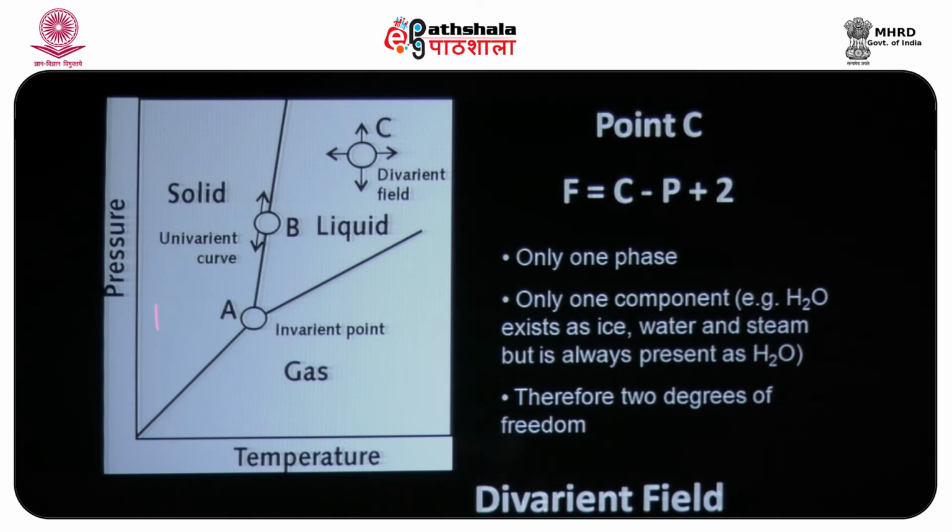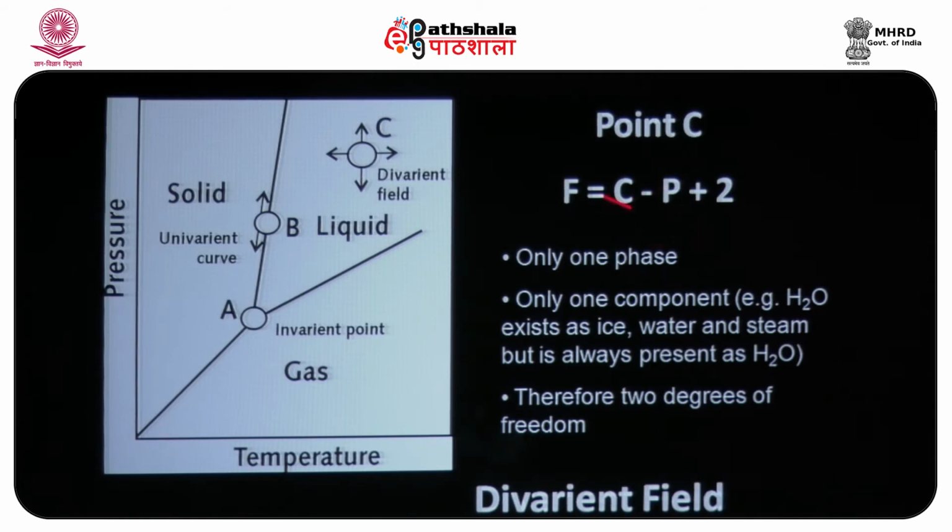So, out here I will show you how you can apply your phase rule. So, for example, let us look at the point C out here. Now, at C, what you see here, it is the liquid field, correct? So, your component is always 1 here, because it is a water system.